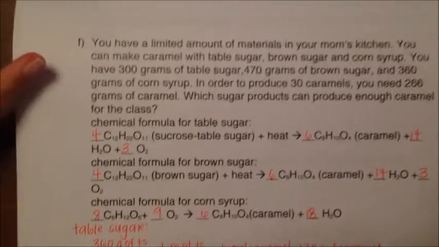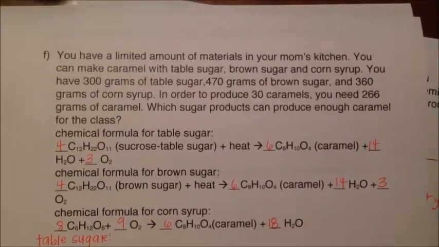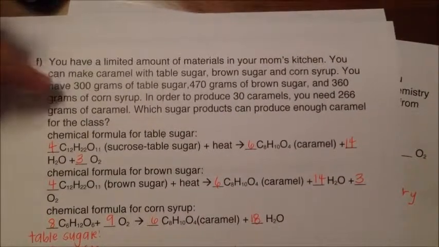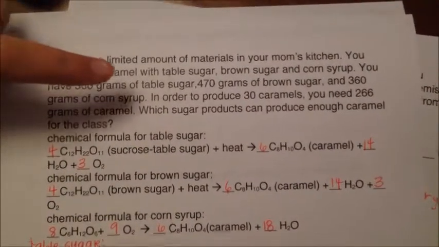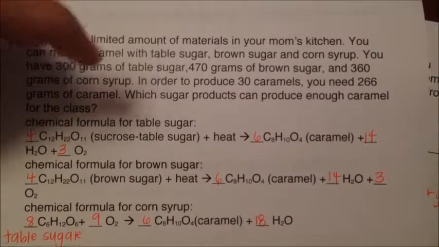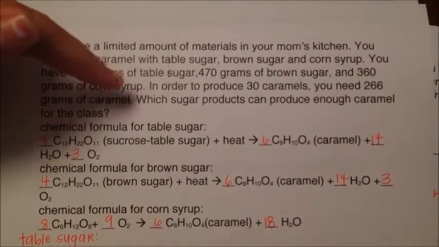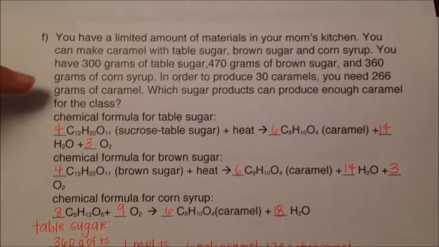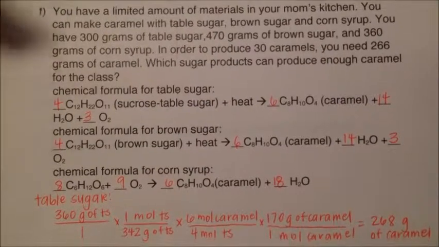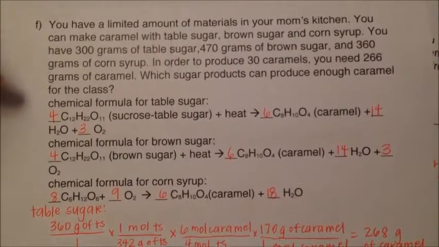Okay, so you have a limited amount of materials in your mom's kitchen, and you can make caramels with different kinds of sugar. And so you have 300 grams of table sugar, 470 grams of brown sugar, 360 grams of corn syrup, and you still need to make 30 caramels, which is 266 grams. So you need to figure out which product you can use to get the amount of caramels you need.